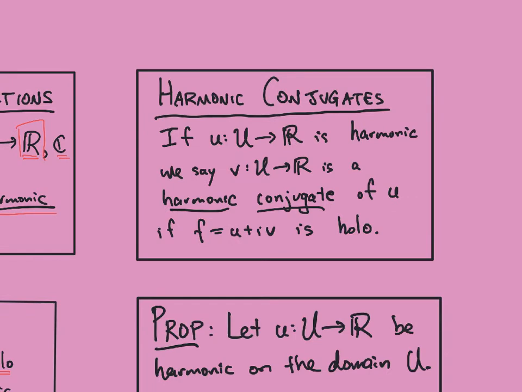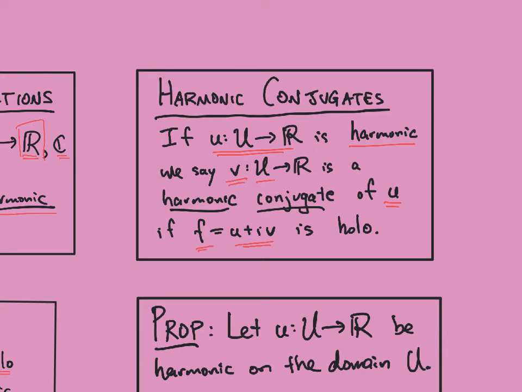Okay, and an important notion related to harmonic functions in the complex plane is harmonic conjugates. So if I have a harmonic function u, we say that v is a harmonic conjugate of u if u plus iv is holomorphic.